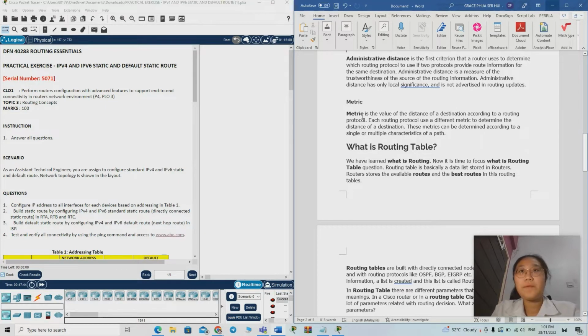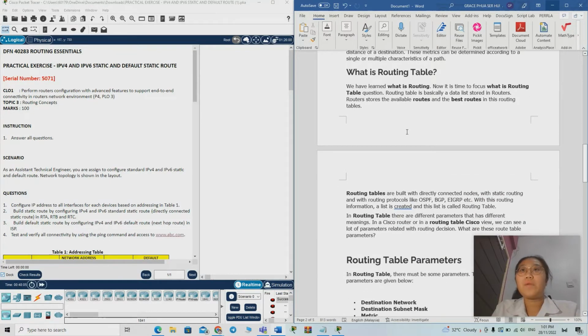Metric is the value of the distance of a destination according to a routing protocol. Each routing protocol uses a different metric to determine the distance of a destination. These metrics can be determined according to a single or multiple characteristics of a path. So what is a routing table?